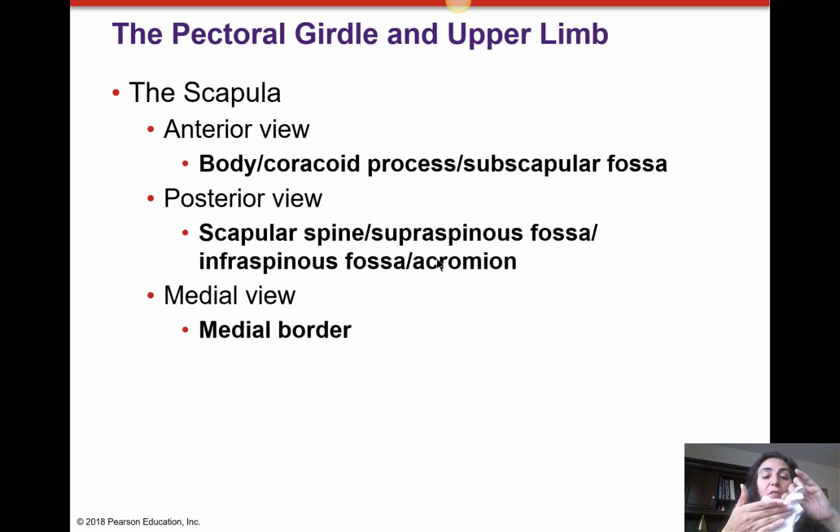Then here you have one complete fossa, right? It's a shallow depression. We call it the subscapular fossa, as if from outside of the back you're getting inside and you have the bone, and this is under that, right? Although it is the anterior side, right? So we call it the subscapular fossa.